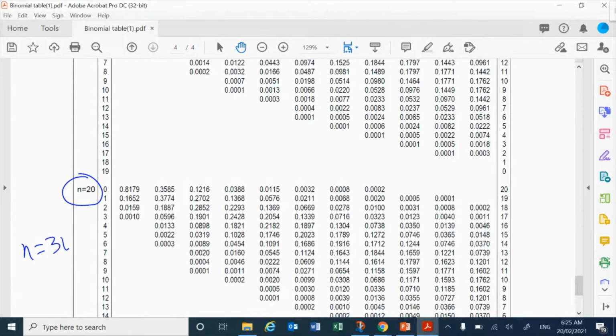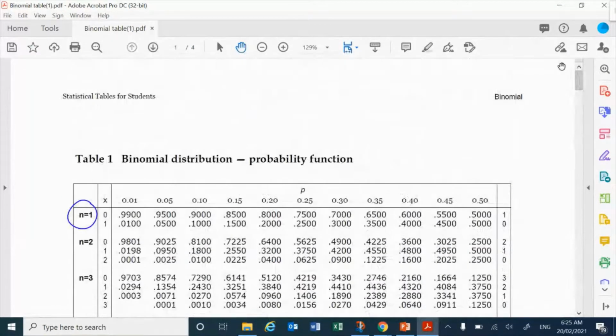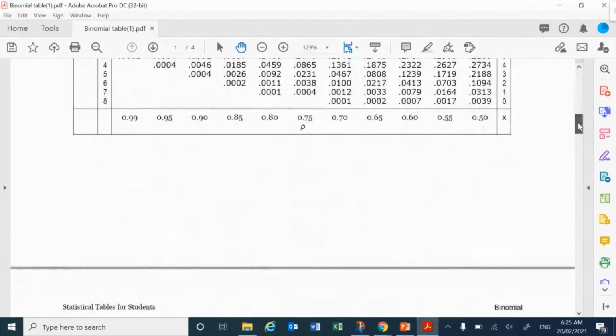If we give you n equals 30, then it's no longer on the table, and then you'll have to use the formula. Okay, so we have n there, and we have probability here, which is pi for our exercises, and we have probability from 0.01 to 0.5 in the top, and in the bottom from 0.5 to 0.99.